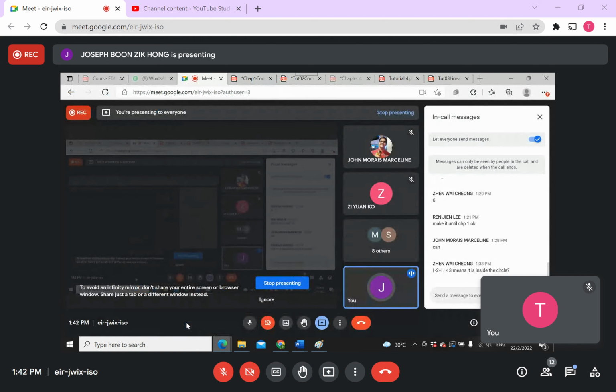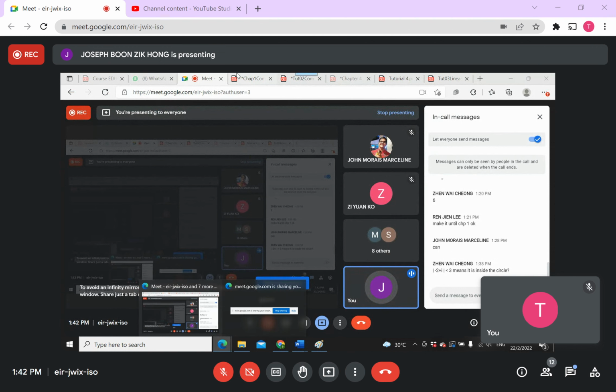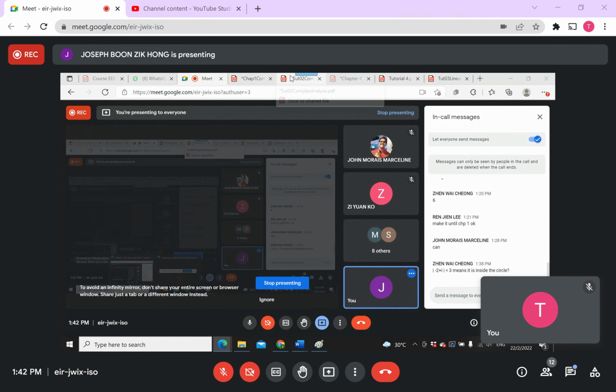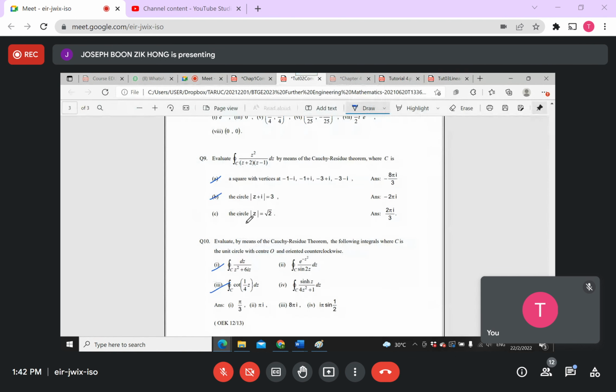You must make sure the point where you want to find the residue is inside the circle. So I'm not sure about the C, but maybe you can have a look at the C. I think one of the simple poles is not inside this circle. But I'm not sure. You try to see.